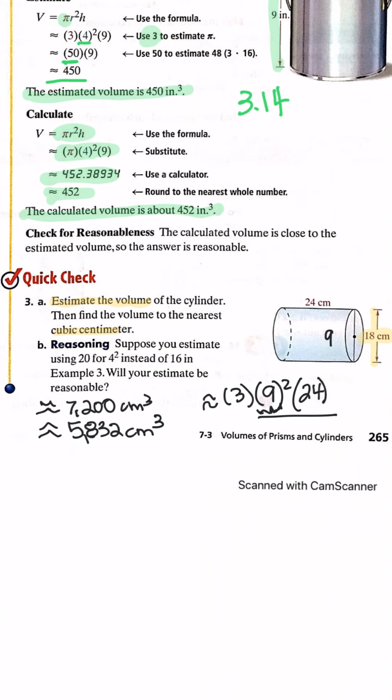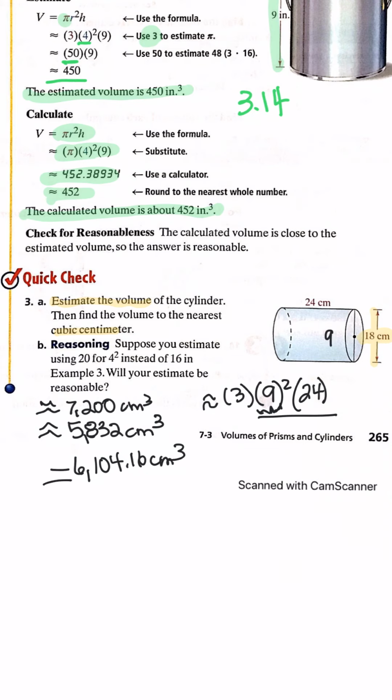Okay, so then using more of the exact, we go 9 times 9 times 24 times pi 3.14, which is going to equal 6,104.16 centimeters cubed.